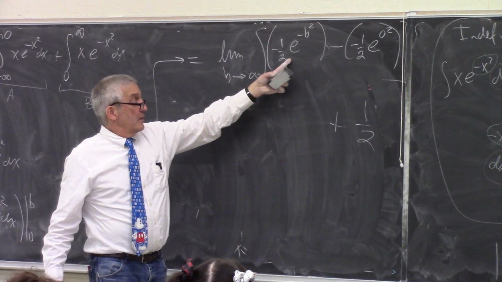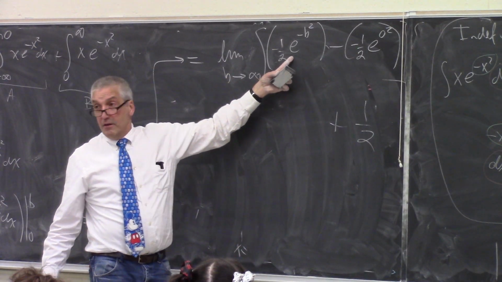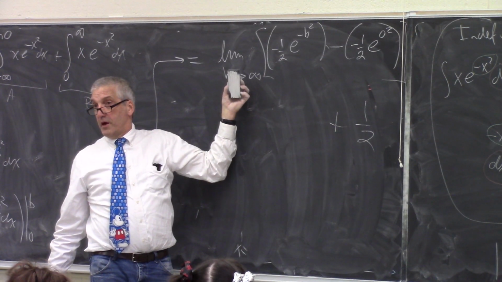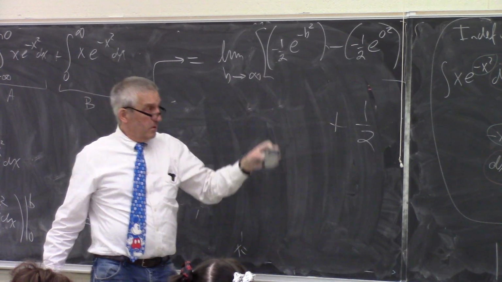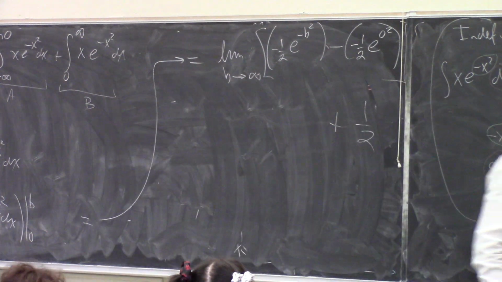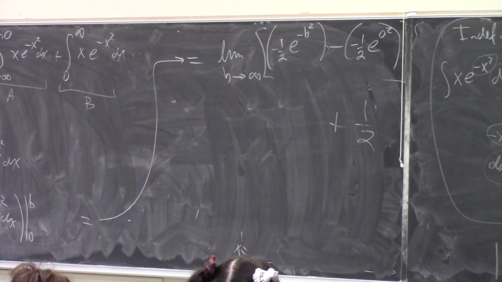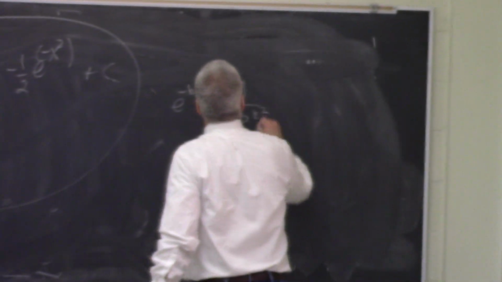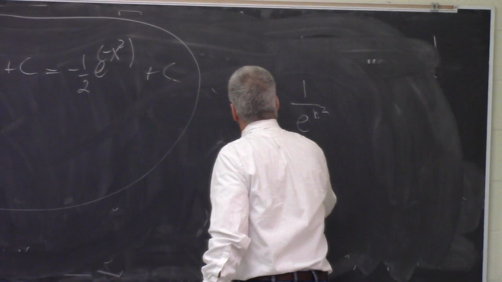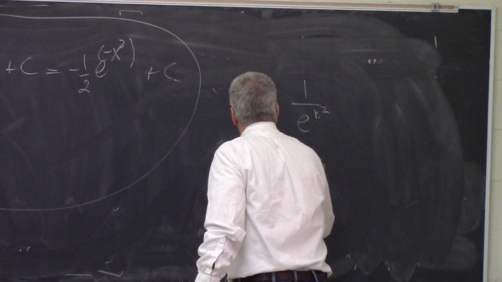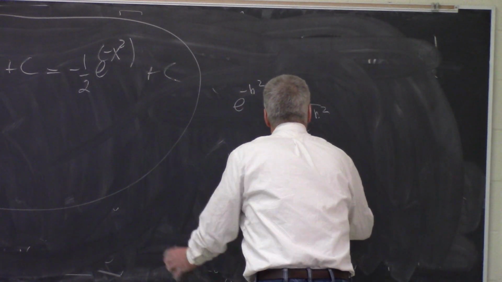Now look at this. E to the minus b squared, when b is getting more and more positive. So let's see. E to the minus b squared is the same as 1 over e to the b squared. B is huge and positive, so b squared is huge and positive.